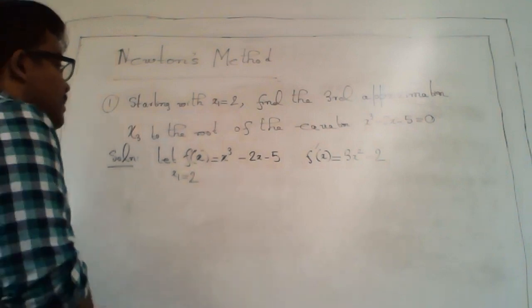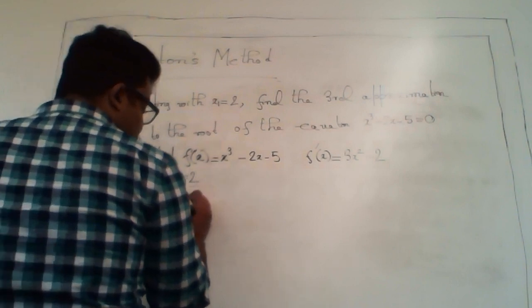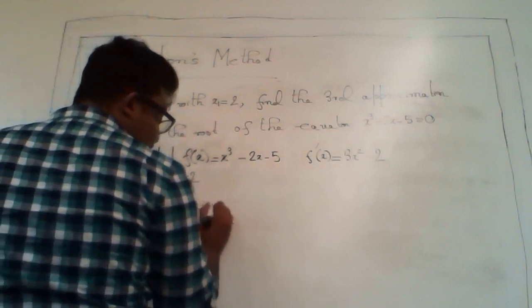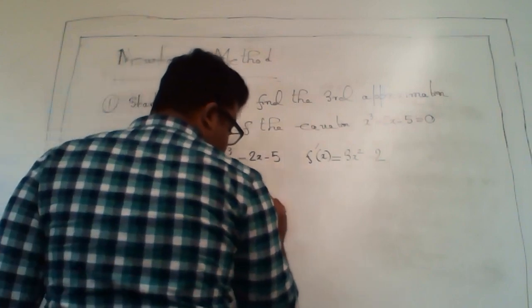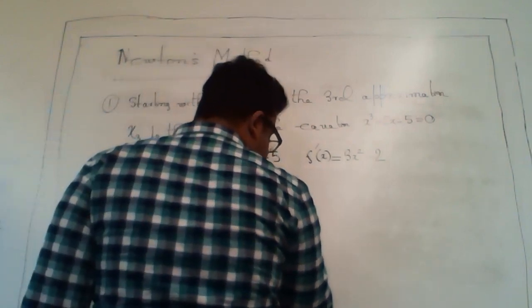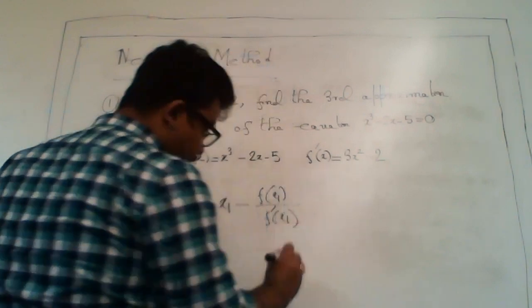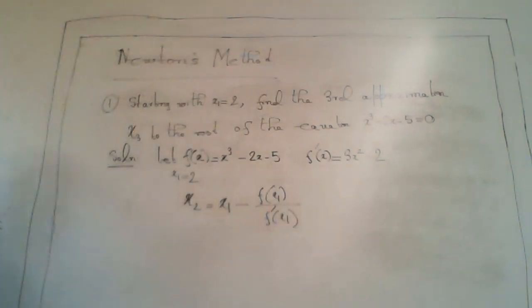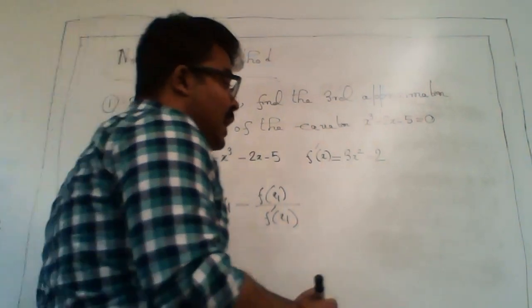So you can now use the formula x2 equal to x1 minus f of x1 divided by f prime x1 to find out the value of x2. So in that general formula, what was the general formula?